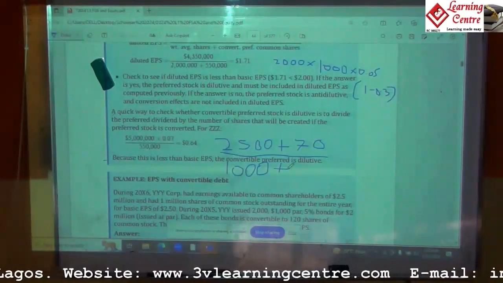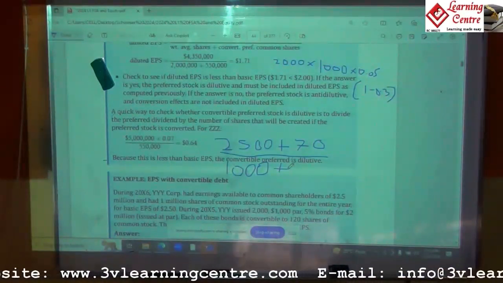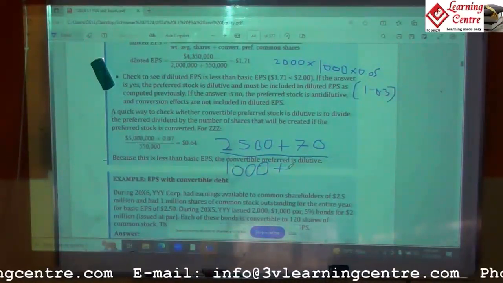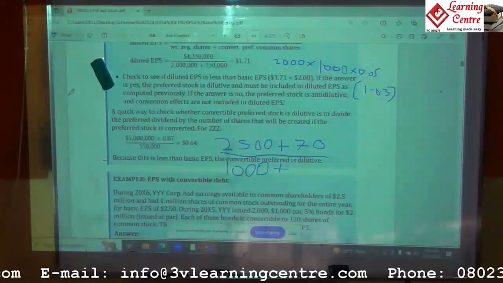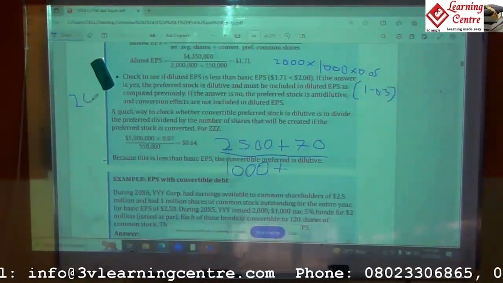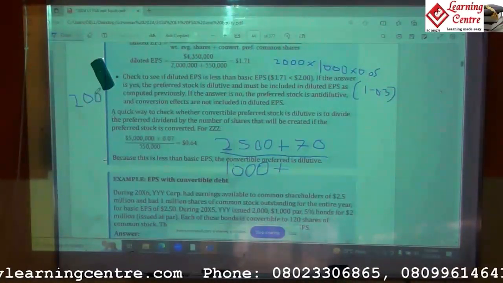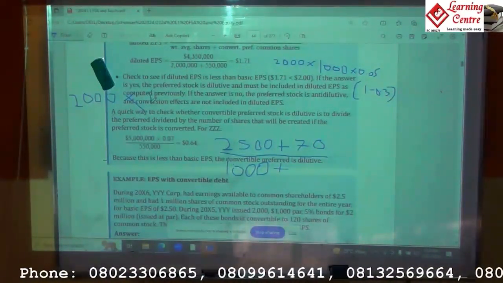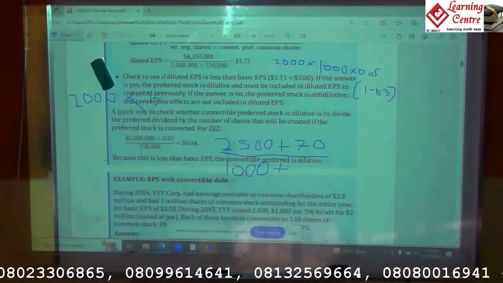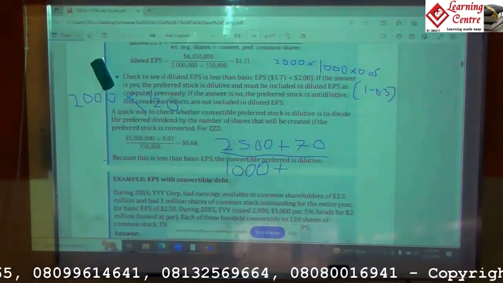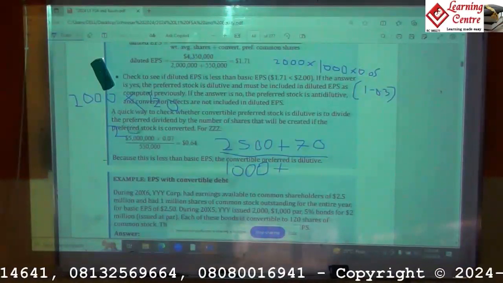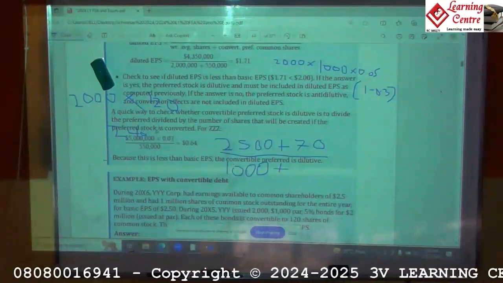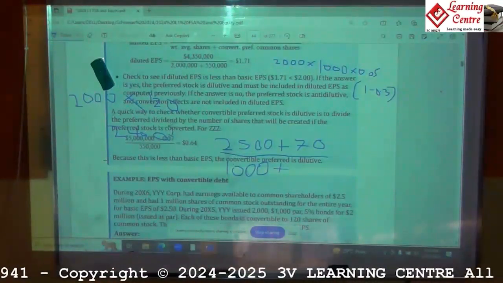During 2005, issued, we told that you convert at that much: 2,000 times 120. What do we have? That is going to be 240,000. So we are adding 240,000.